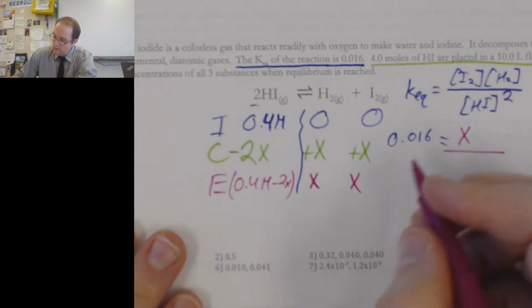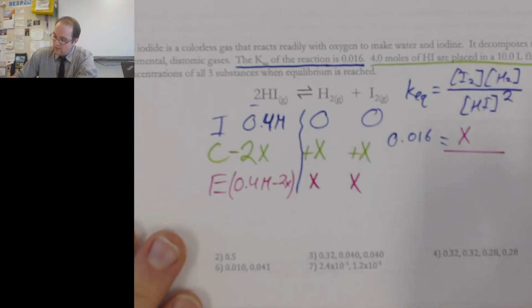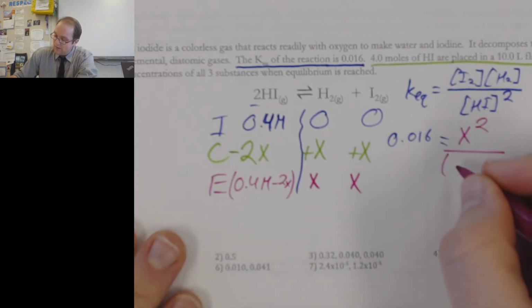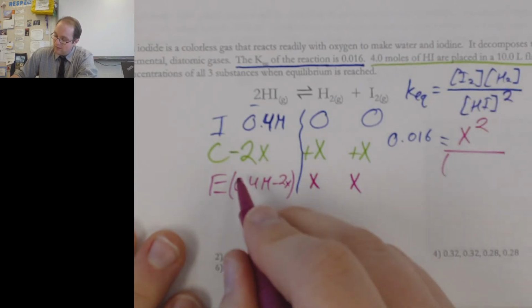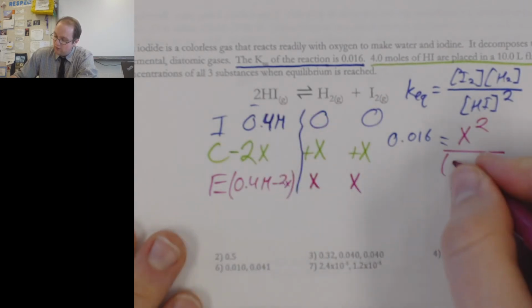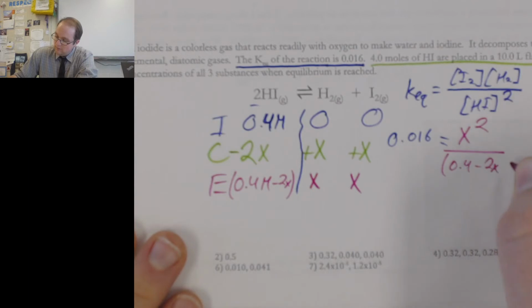My H2 is an x, so I could write times 2, but hey, x times x, that's just x squared. And then the bottom part of my equation is going to be this expression we wrote for our HI, 0.4 minus 2x. Don't forget that this does need to be squared, so I'm going to put a squared on the bottom.